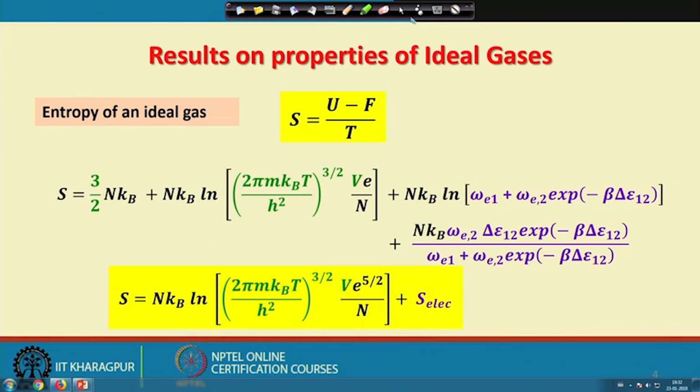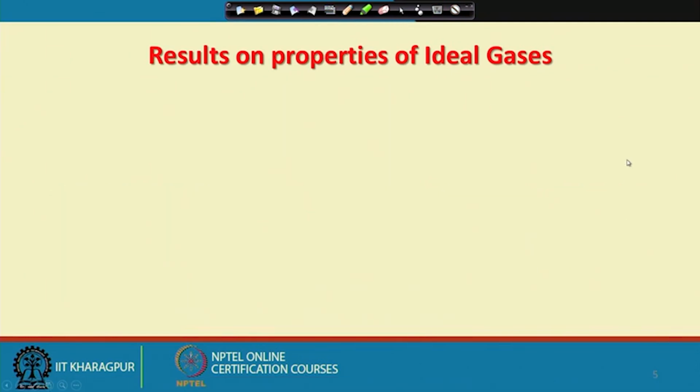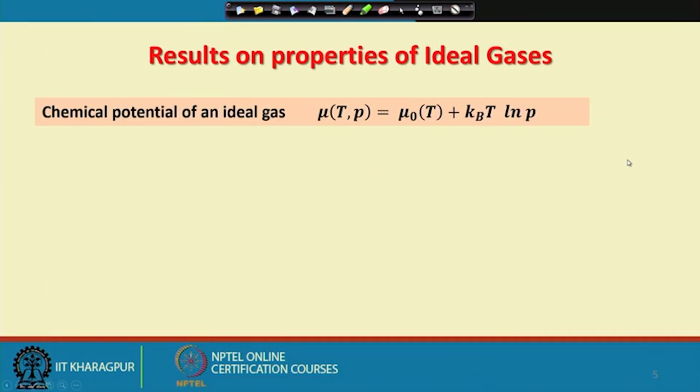At this point, let me also try to reproduce another property of the ideal gas, which we have repeatedly seen in our earlier exposure to ideal gases, that is the chemical potential of an ideal gas.